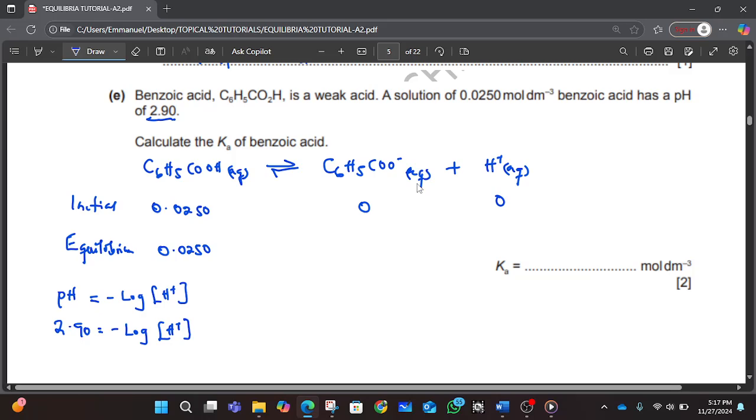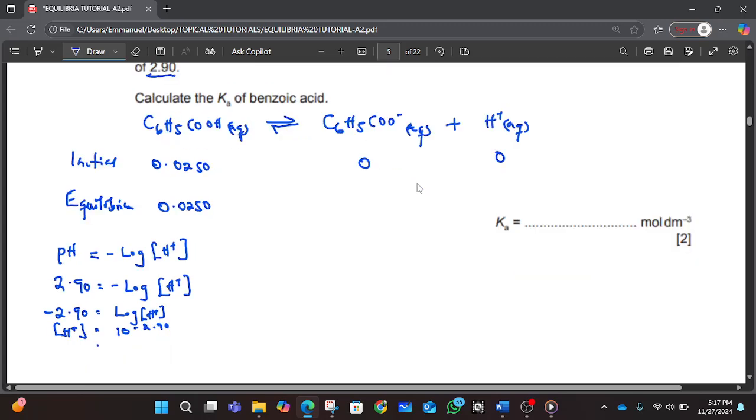And so if you divide through with negative 1, it means this will be negative 2.90, which is equal to log H plus ion concentration. And so if you find the anti-log of this, it means that the H plus ion concentration is equal to 10 exponent negative 2.90, which is equal to 1.26 times 10 power negative 3 mole per decimeter cube.